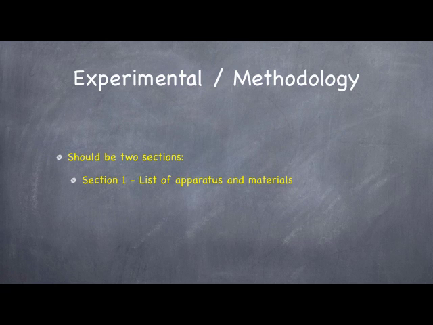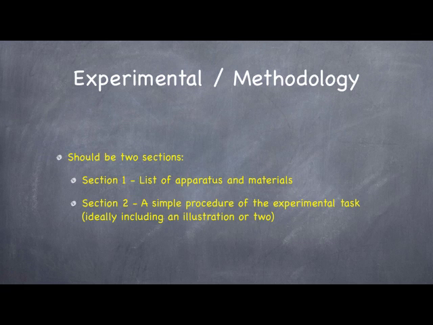So here we start out with a list of materials and apparatus. Here I was looking for the full description of the materials, what they were, the carbon content, etc., and what machinery was used. It would have been ideal if some illustrations, especially of the Denison machine, were included. Okay, so this helps the reader understand what needed to be done.